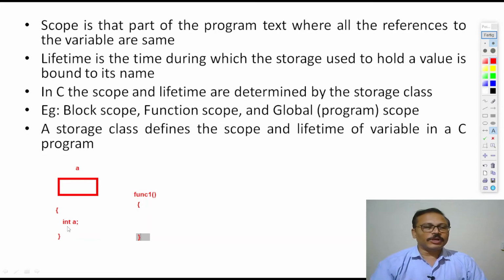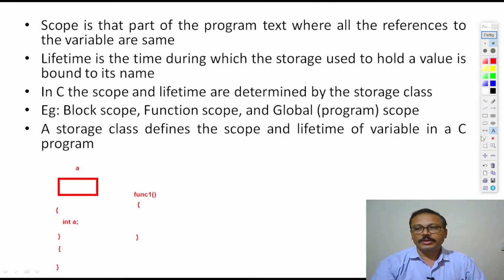So the next one is function scope. Function scope means, suppose you declare it here. In the case of block scope, if we have another block like this, then you cannot access A here. That may be in the same program, that may be in the same function also.